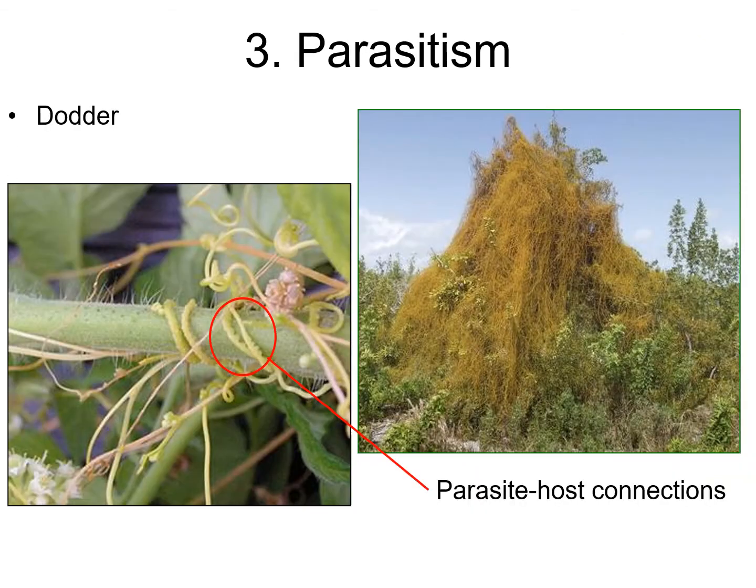So there are a few other plant parasites that are well known. One of them is called dodder. Here we have a host plant stem, and then this tendril is the dodder plant, and it winds its way around the host tissue like this.